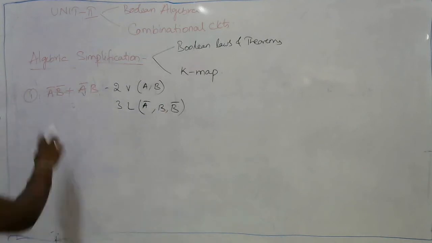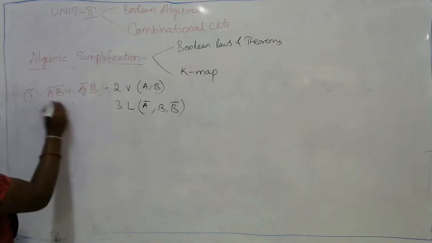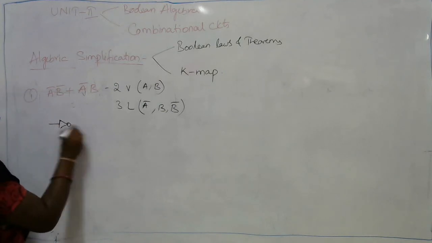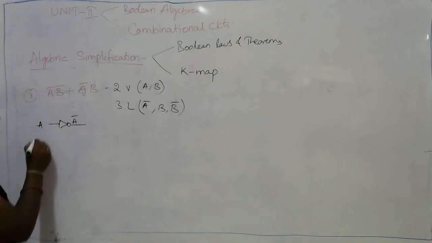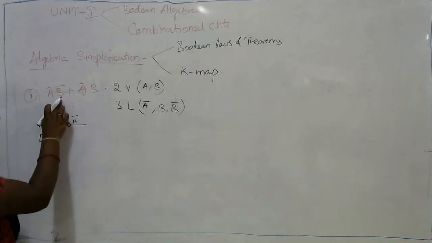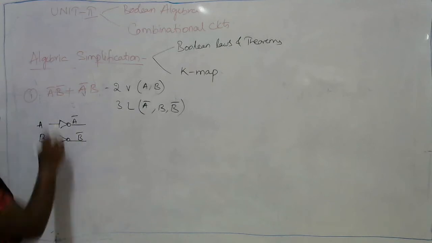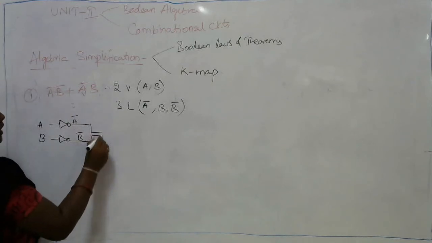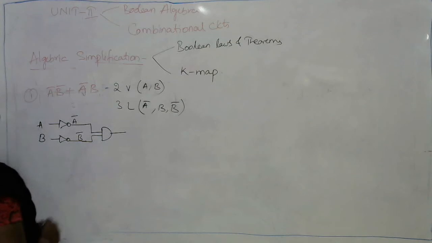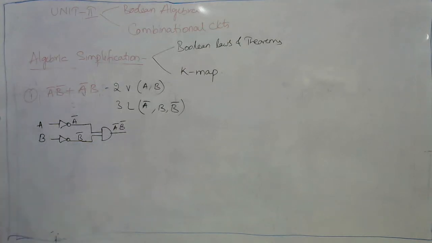If I want to draw the circuit diagram for this expression, I use a NOT gate. The input is A, the output is A bar. Similarly, for B bar, I need to use one more NOT gate, so the output is B bar. As these two are connected with a dot, I need to use an AND gate, so the output of the AND gate is A bar dot B bar.